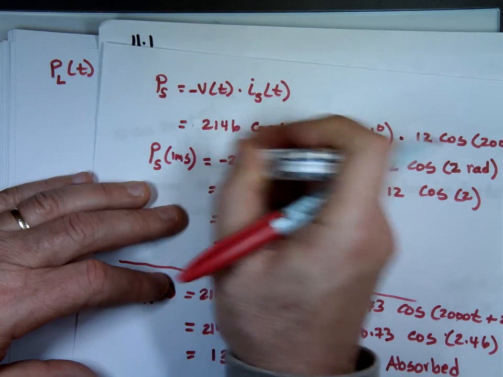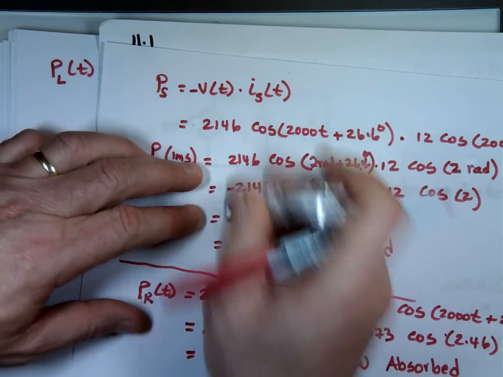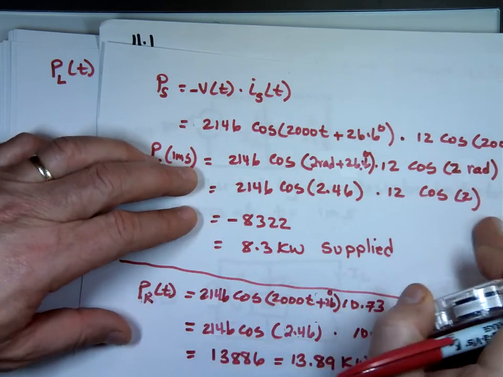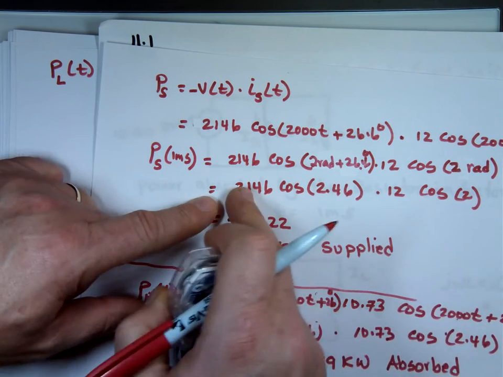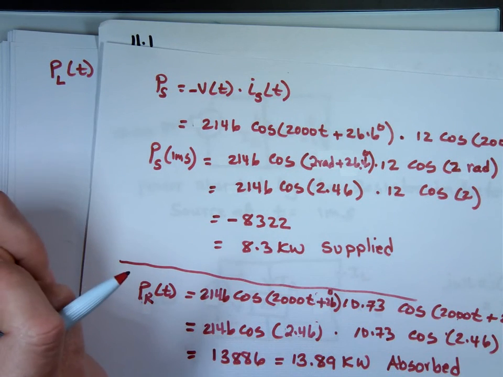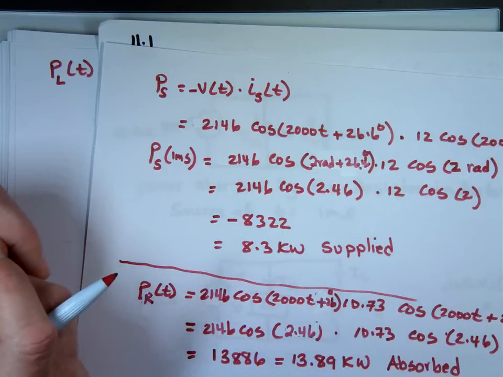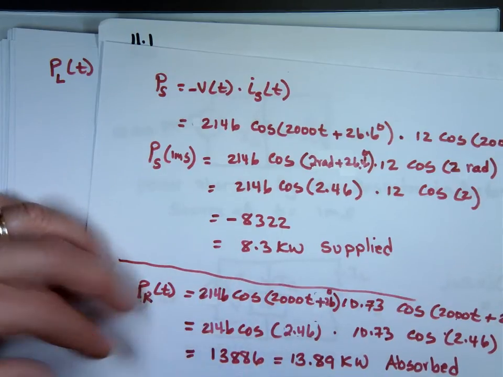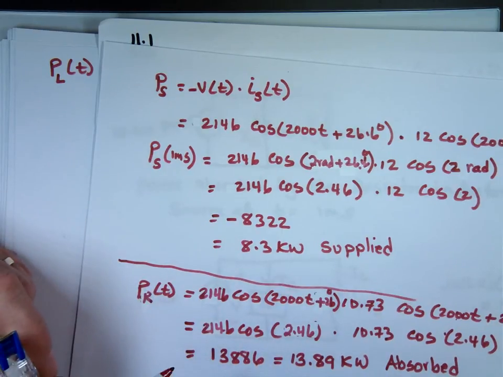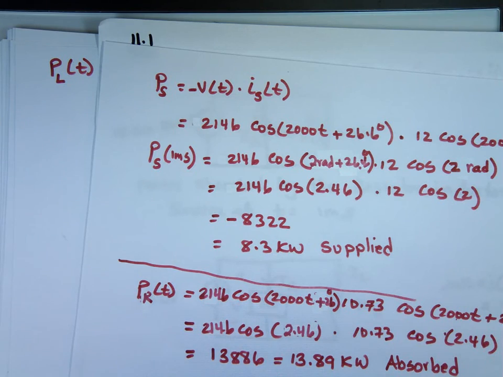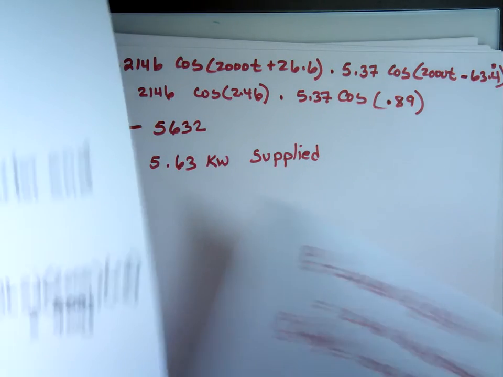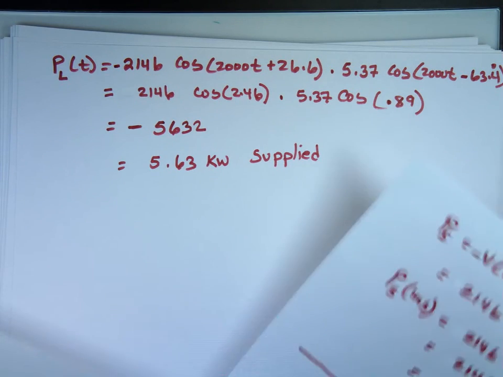If you put them in, guaranteed the answer is negative, and if you put these numbers in, guaranteed the answer is positive. So I don't have to decide which one is supplying and which one is absorbing. We know the source in this case is going to supply the power. It's the only source you have there, so you don't have a lot of options.